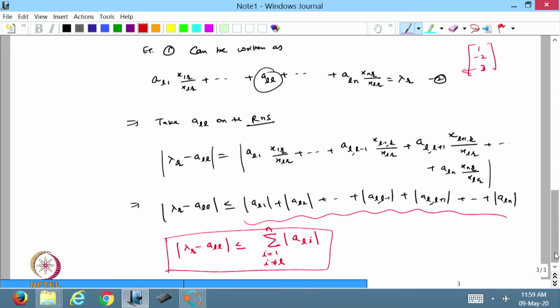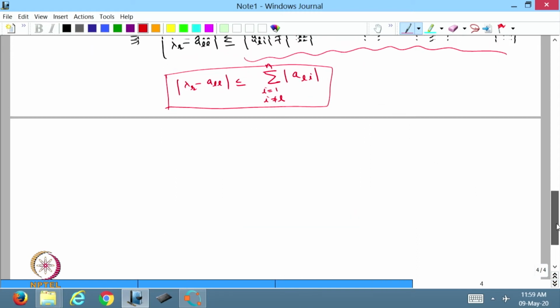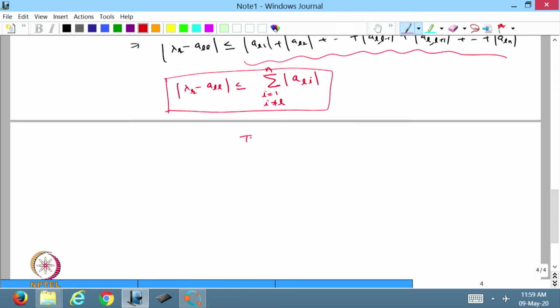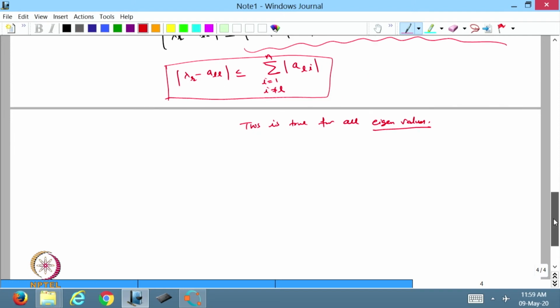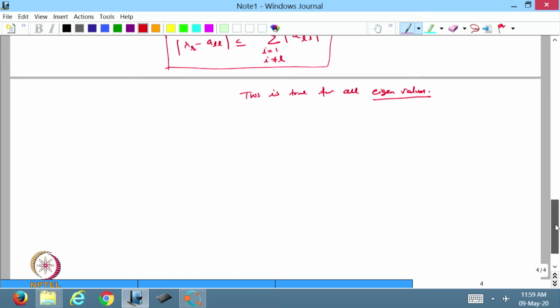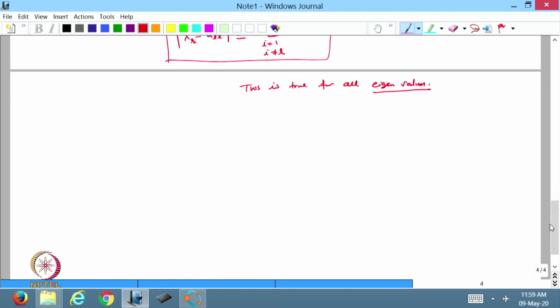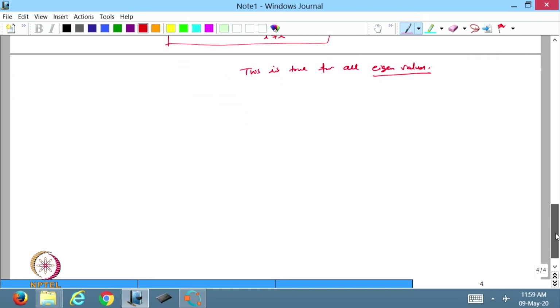And this is true for all eigenvalues, because I have chosen only that row which has the largest value. Similarly, we can choose for the other eigenvalues and we will find this. So, this is true for all eigenvalues.